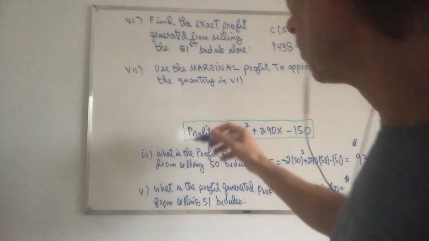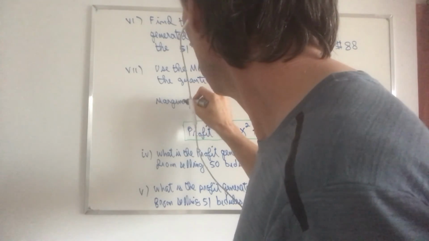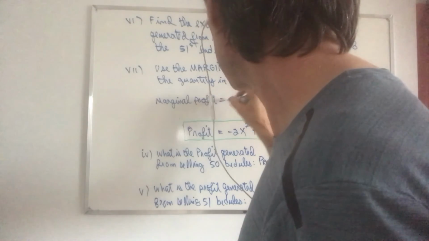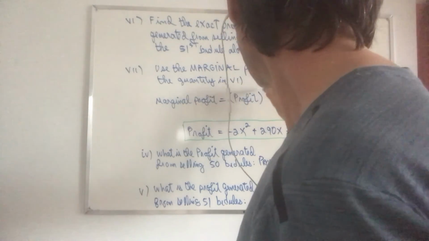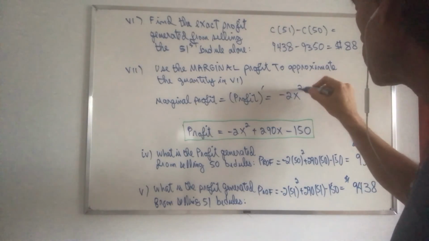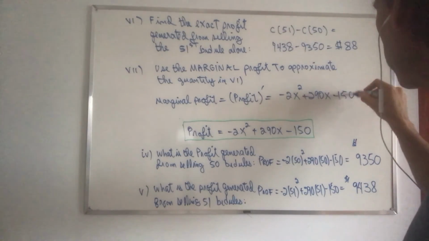So marginal profit, we have defined this as profit prime. In other words, the derivative of minus 2x squared plus 290x minus 150.